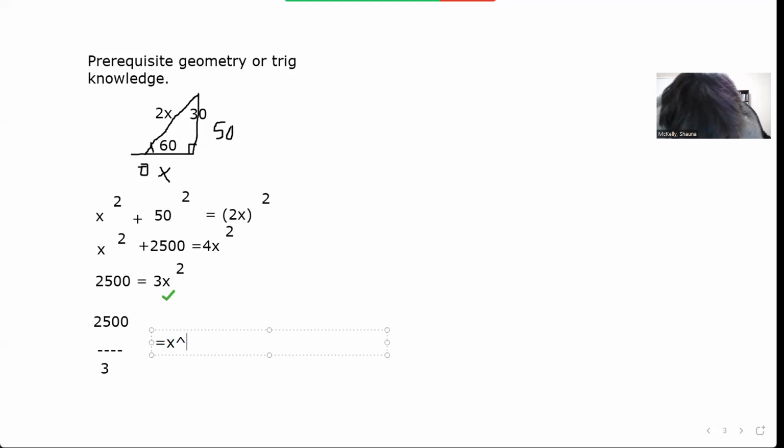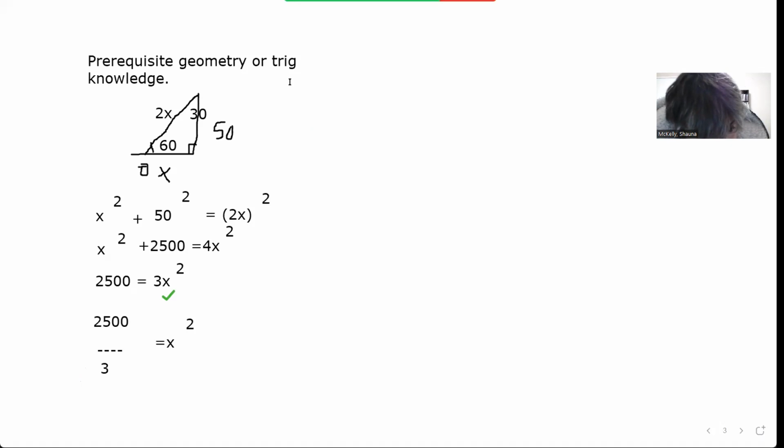Now, this is x. And what I want to do is, as I mentioned, take the square root of both sides of my equation. So I've got x, I'm going to put it up here.